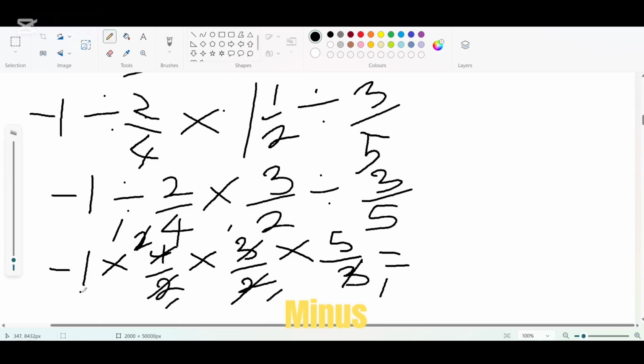Now this minus 1 that is up here is at the numerator, because if a number is written without any number under it as a denominator, that number under it is 1. So this is the same as writing it as minus 1 all over 1, because anything all over 1 is that thing. So this minus 1 is going to multiply all the numbers on the numerator.